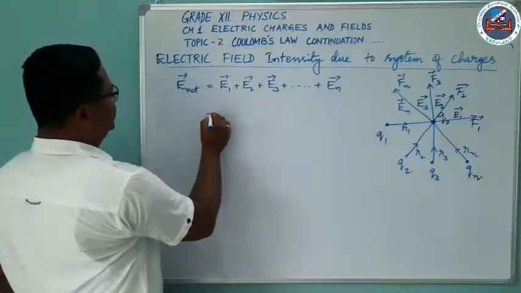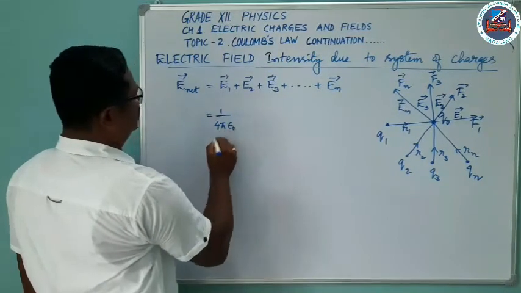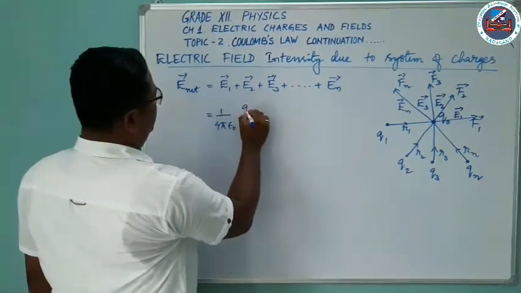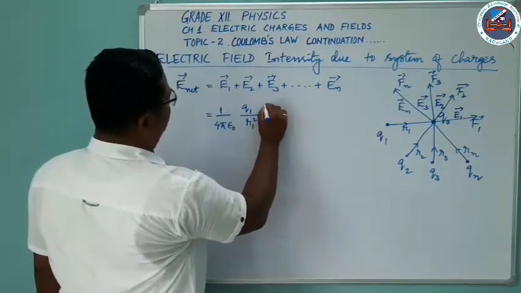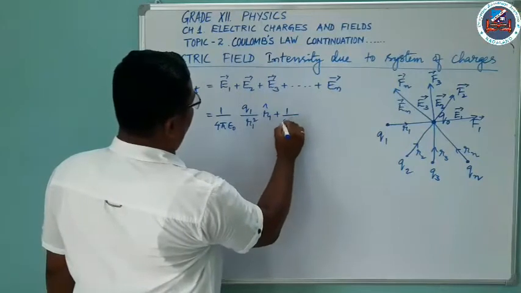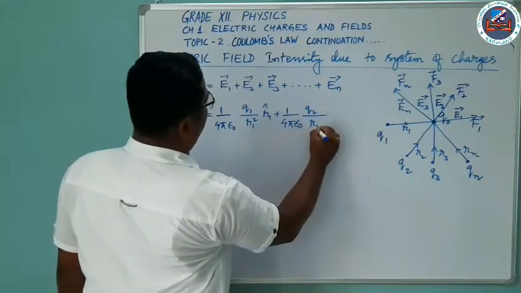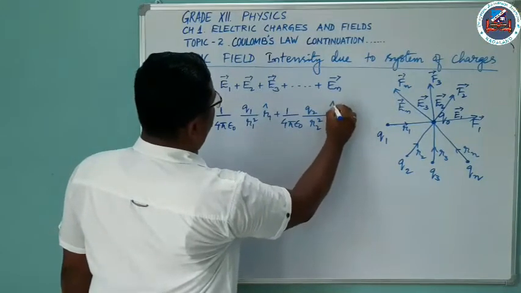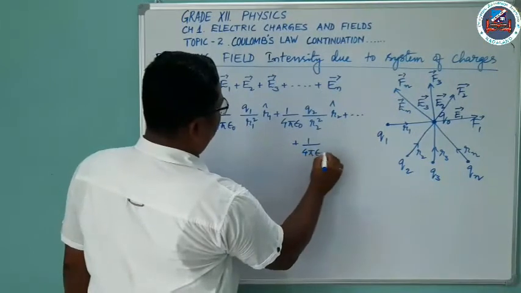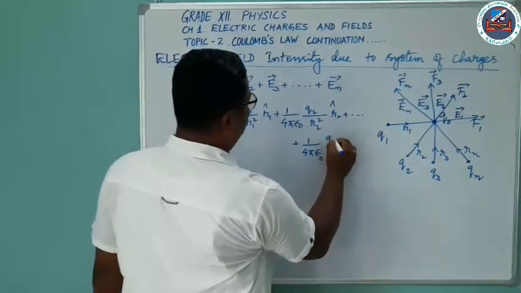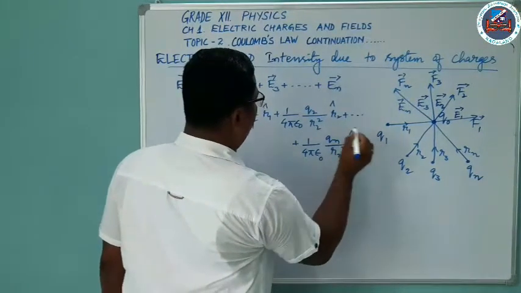And electric field intensity, as you know, is 1 by 4 pi epsilon naught Q1 divided by R1 square, R1 cap, plus 1 by 4 pi epsilon naught Q2 divided by R2 square, R2 cap, and so on. Last one, 1 by 4 pi epsilon naught Qn divided by Rn square, Rn cap.